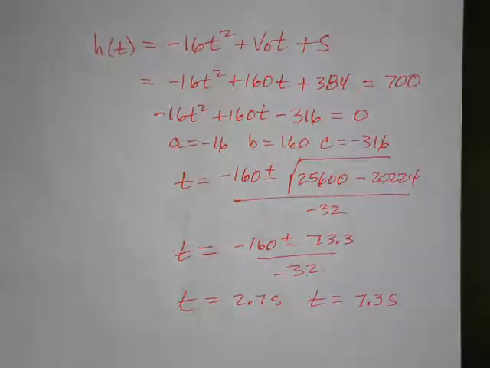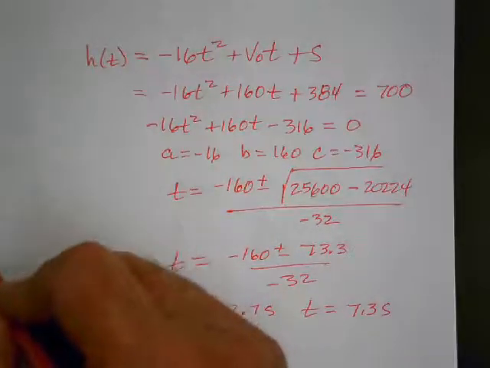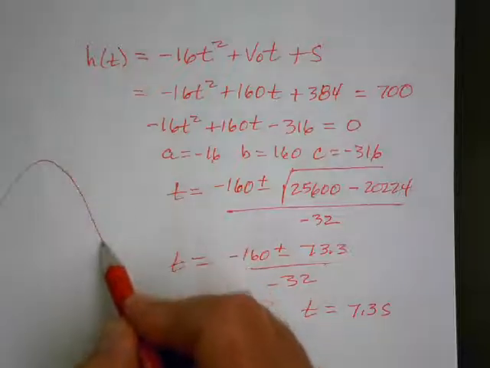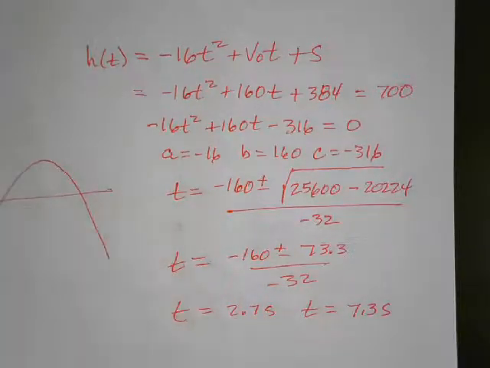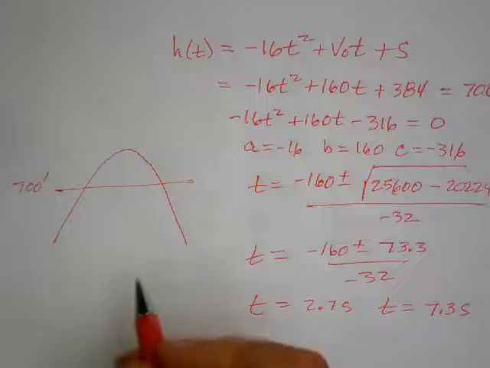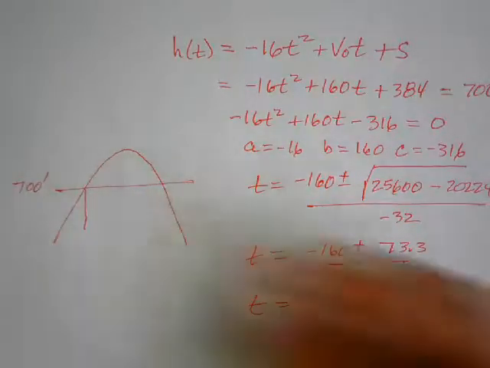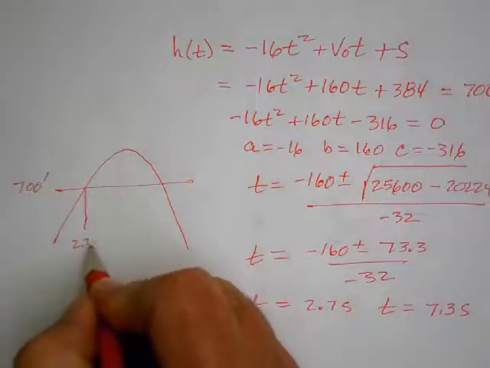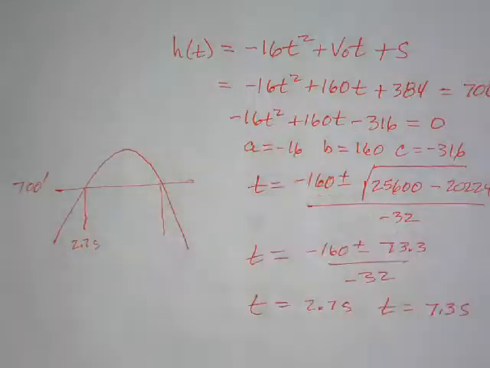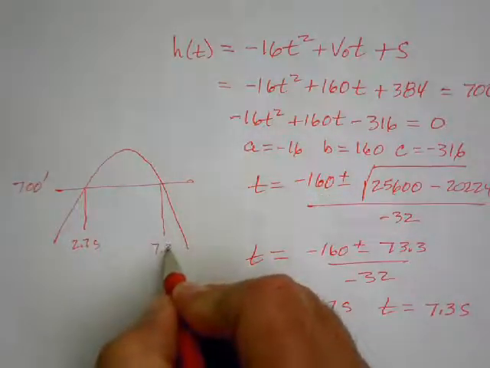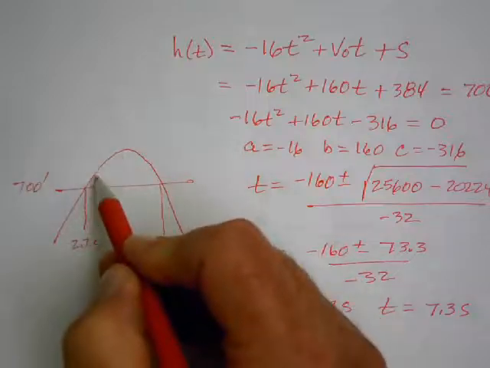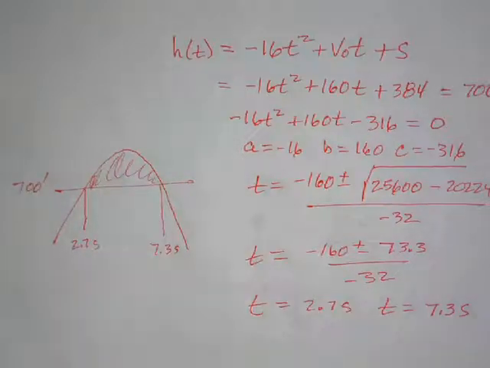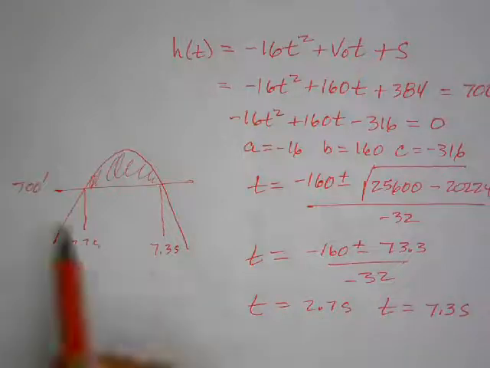It's going to go like that. And so here's our 700 feet. And so this time here was the 2.7 seconds, and this time over here was the 7.3 seconds. And that's the amount of time that it was at least 700 feet, between these two times. Before it was less, and afterward it was less.